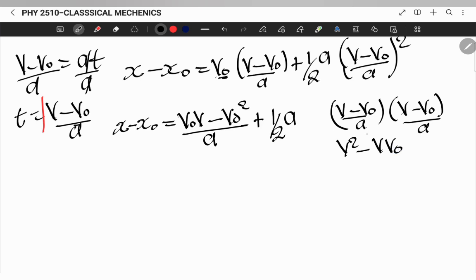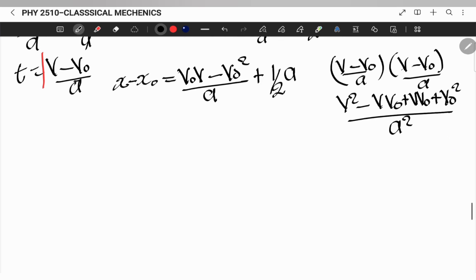Okay, so we begin with this, that times that, we are going to have v naught, then that times that positive, so we are going to have v naught squared over a squared.